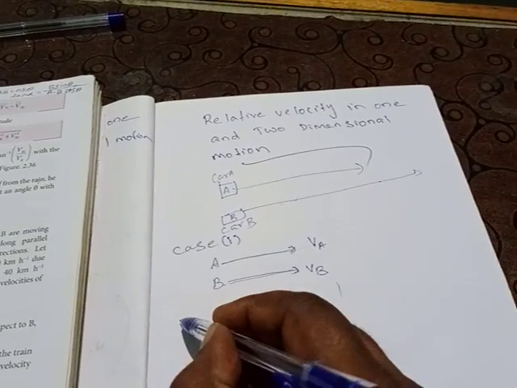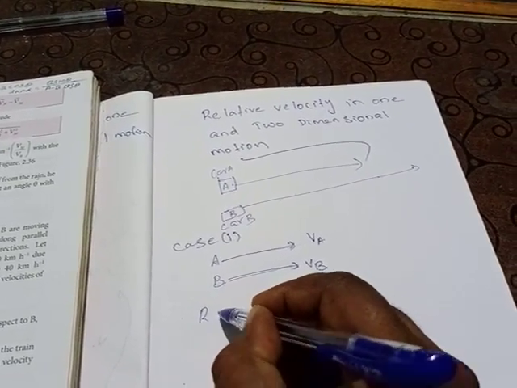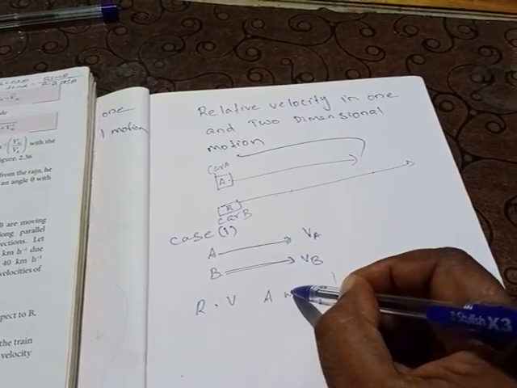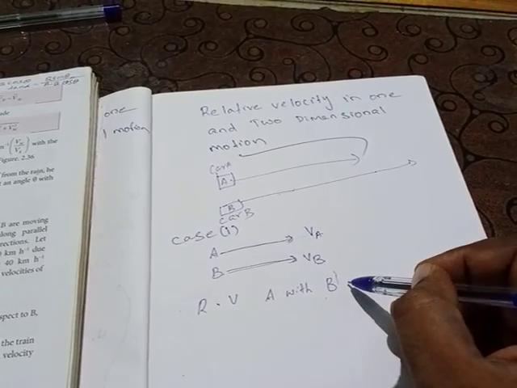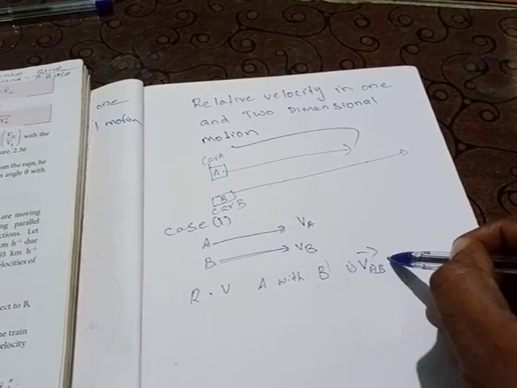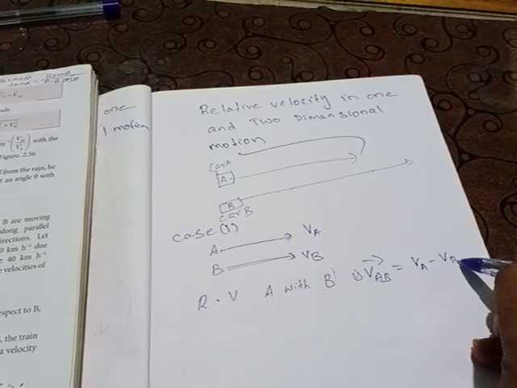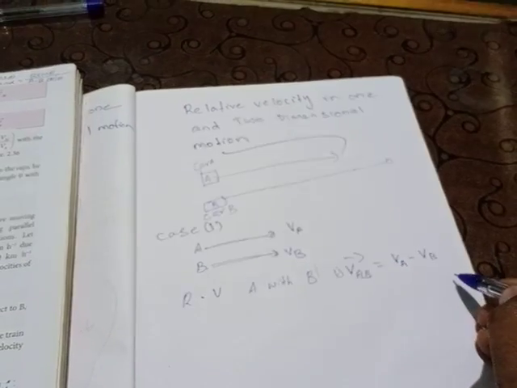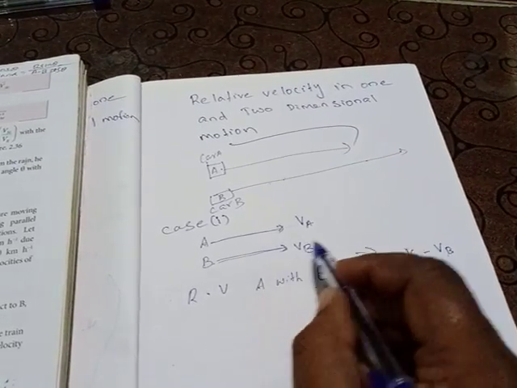So what is the relative velocity? The relative velocity of object A with respect to object B, we can write, VAB is equal to VA minus VB. Here VA and VB are the velocities of car A and car B with respect to the ground.